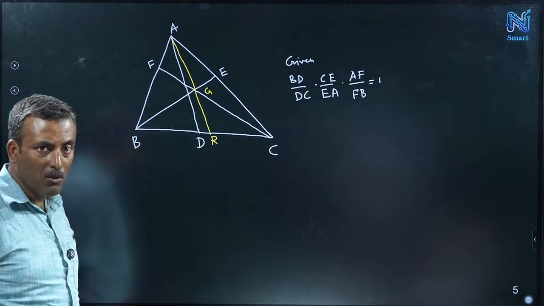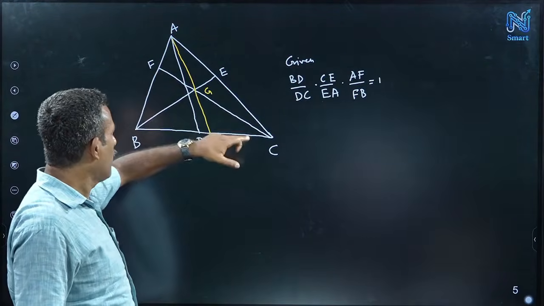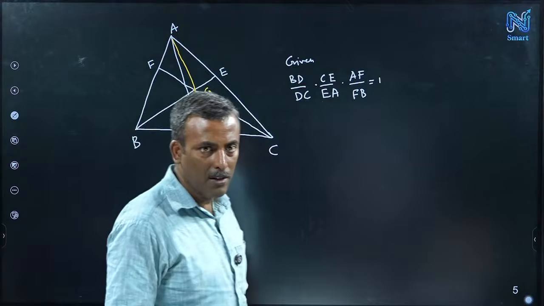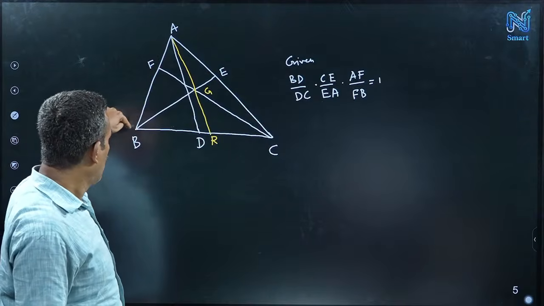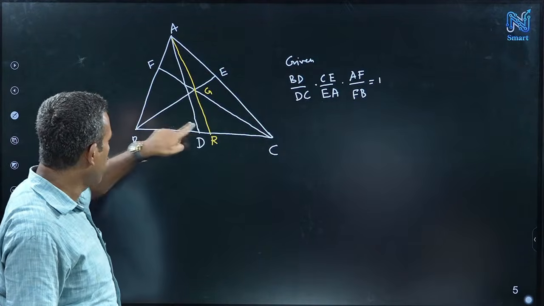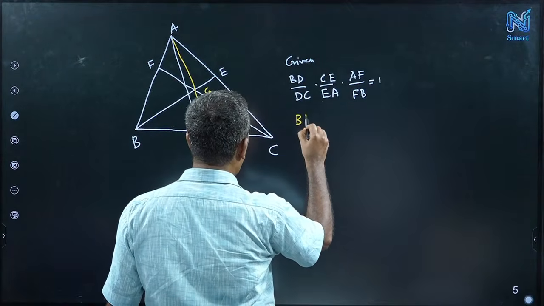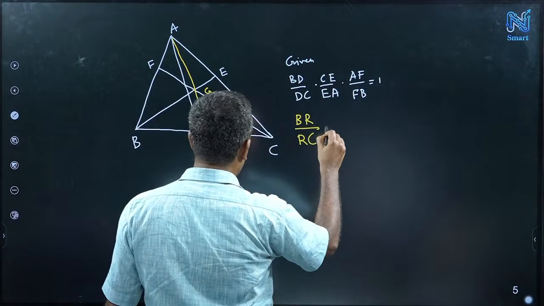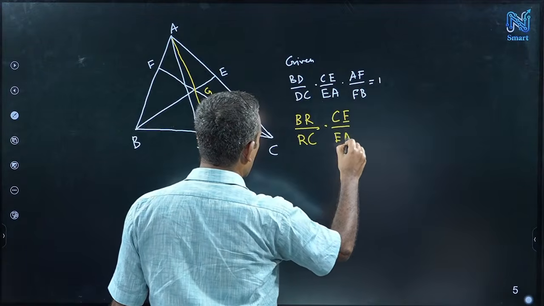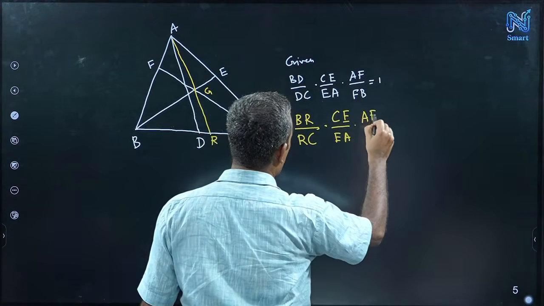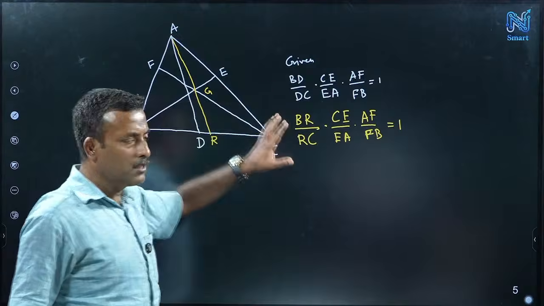So now we can use Ceva's theorem not on AD, but on AR, BE and CF. If I use Ceva's theorem for these 3 line segments AR, BE and CF, what will we get? BR by RC into CE by EA into AF by FB is equal to 1. This is by Ceva's theorem, and the other is given.